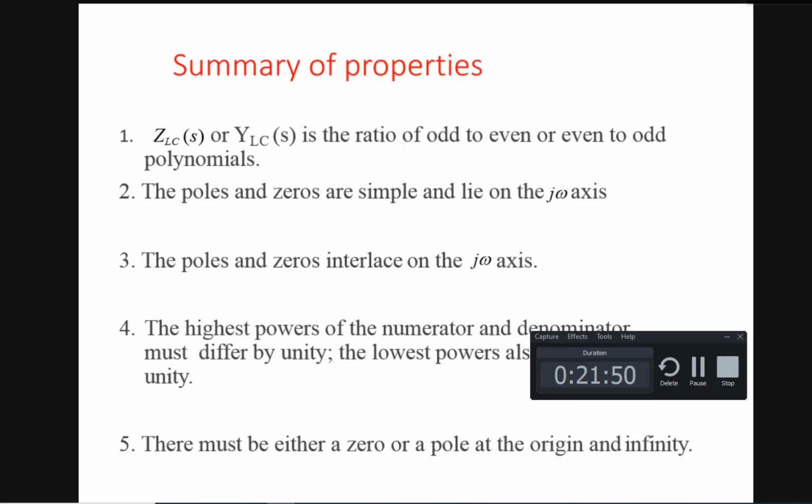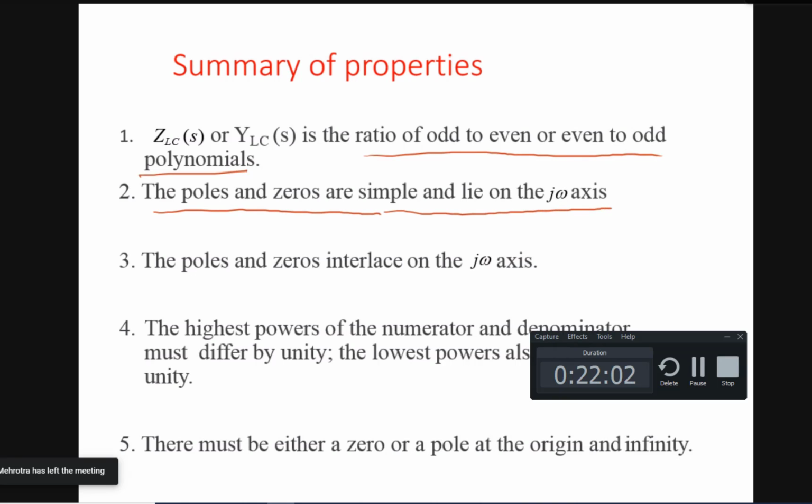In the summary, the immittance function, Z_LC or Y_LC, is the ratio of odd to even or even to odd polynomials. The poles and zeros are simple and lie on the j omega axis.